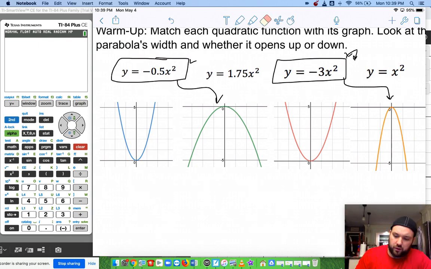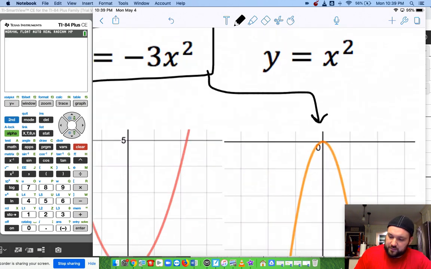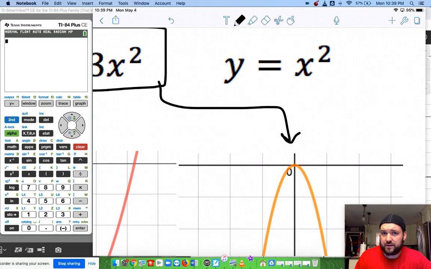And then our two remaining graphs are the positive x squared graphs. I have 1.75, which is a little bit further away from 0 than this one. One thing I didn't explicitly state is that if you see y equals x squared, the a value is 1. Just like normally if you don't see a number in front of a variable, you can put a 1.